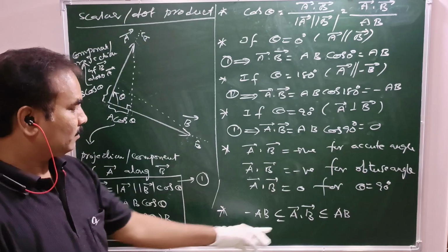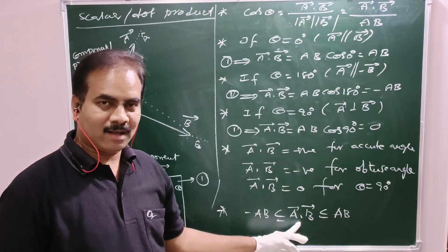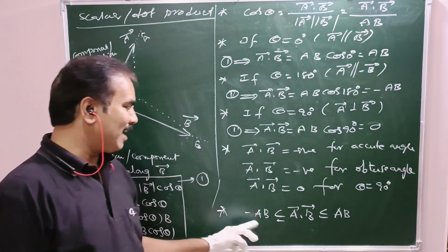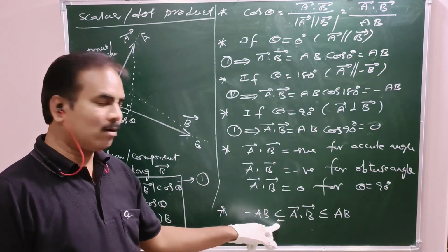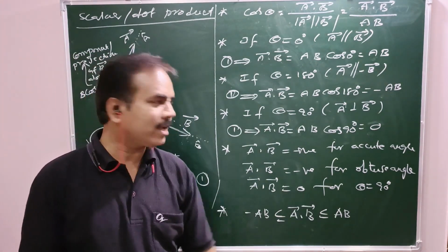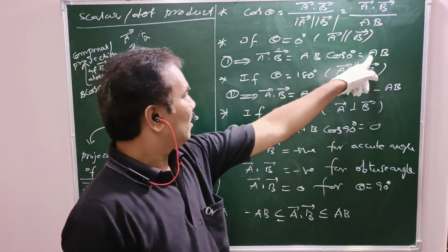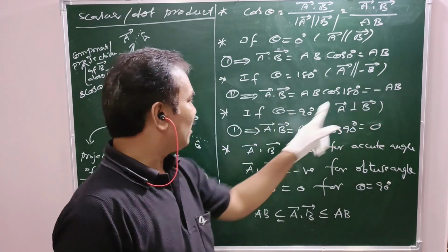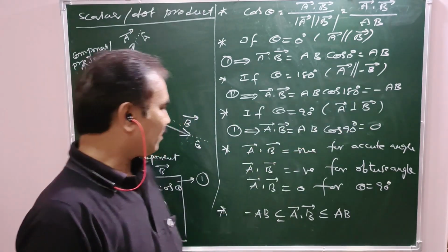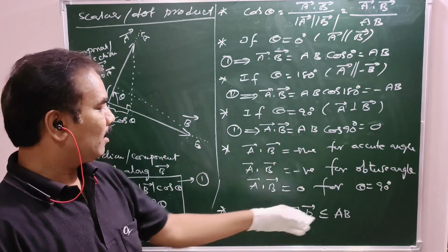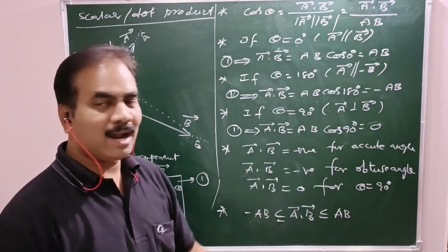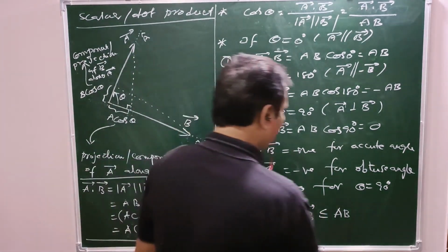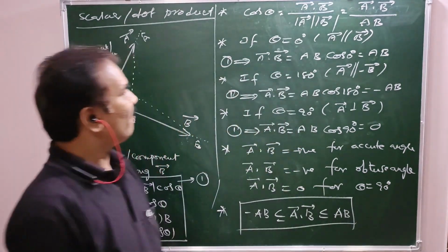If a bar and b bar are two vectors, the range of their dot product can be written as minus ab less than or equal to a bar dot b bar less than or equal to ab. See, theta 0 gives ab, theta 180 gives minus ab, theta 90 gives 0. This is the range of the dot product of two given vectors.